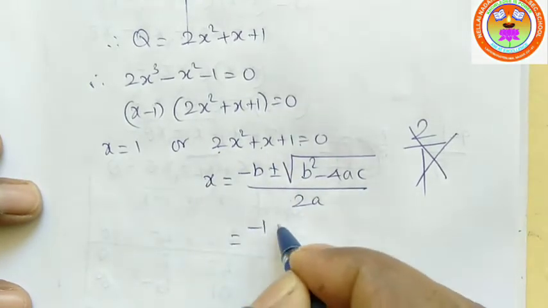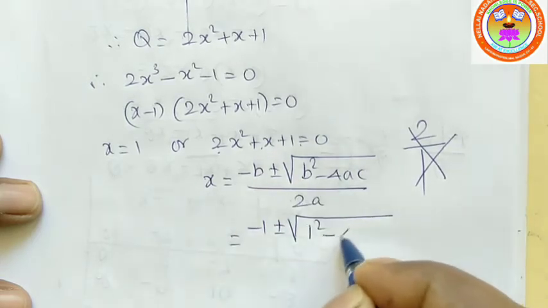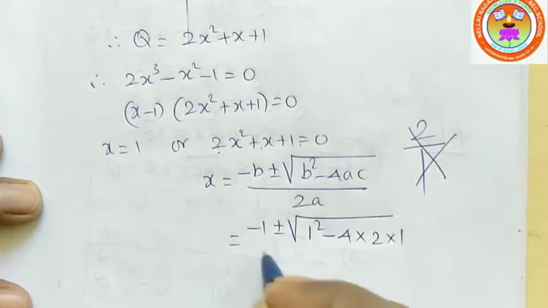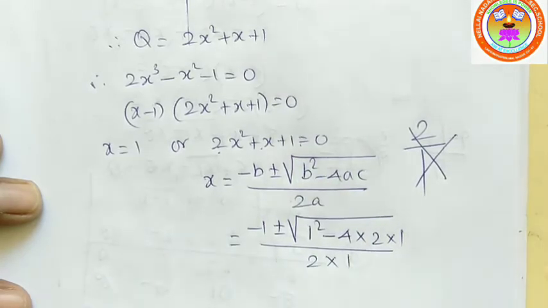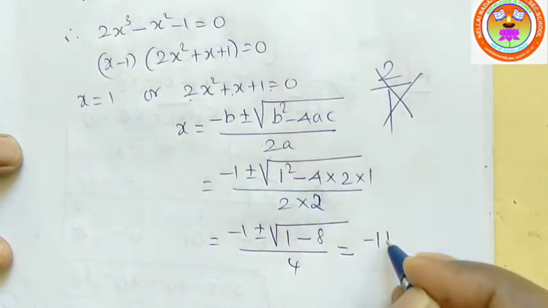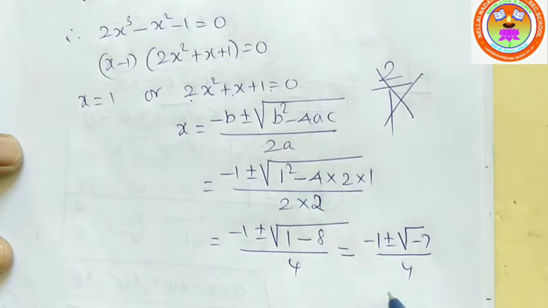So minus 1 plus or minus root of 1 square minus 4 into 2 into 1, divided by 2 into 2, that is minus 1 plus or minus root of 1 minus 8 by 4, which is minus 1 plus or minus root of minus 7 by 4. That means it is imaginary.